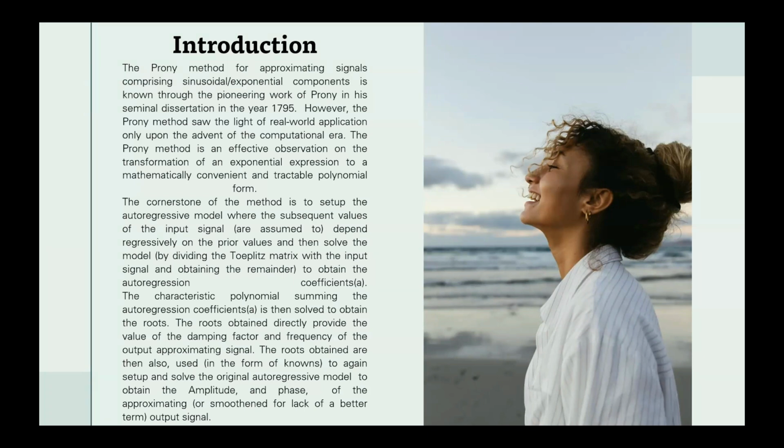Once those are obtained, by a back-propagation feedback sort of methodology, the roots obtained are put into the original Toeplitz matrix as knowns, and another set of equations is solved, which gives the amplitude and phase of the approximation.